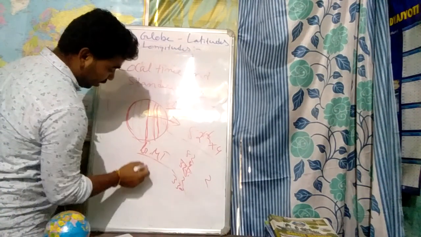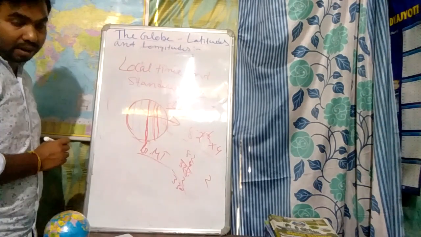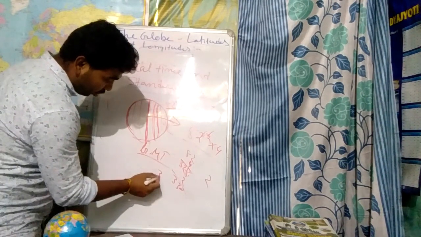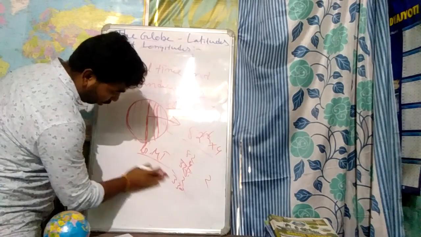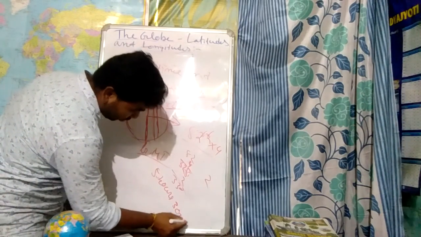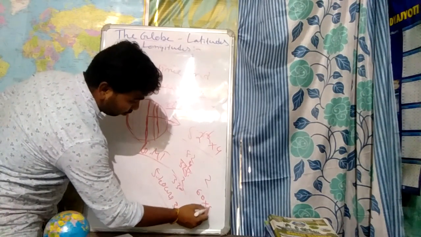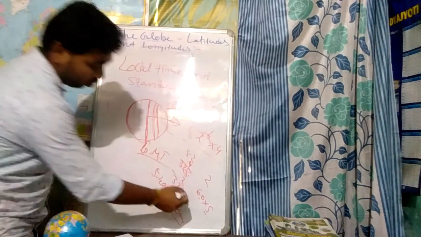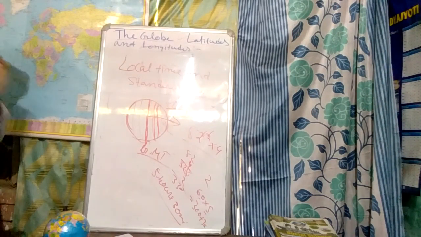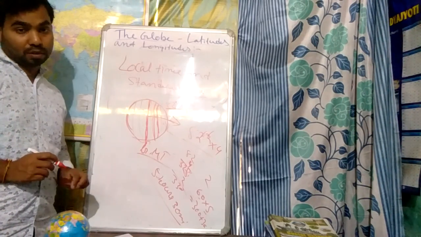It means India is ahead of the Greenwich meridian by 5 hours 30 minutes, because 5 hours into 60 is 300 plus 30 minutes. So India is ahead of the Greenwich meridian.